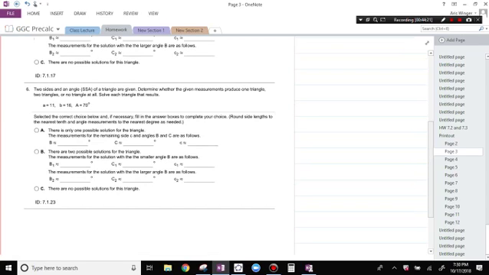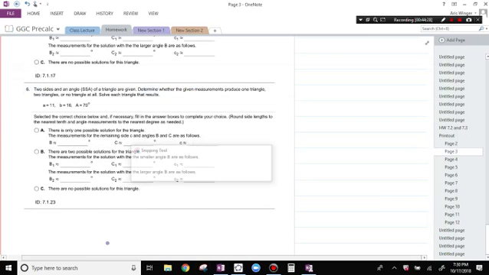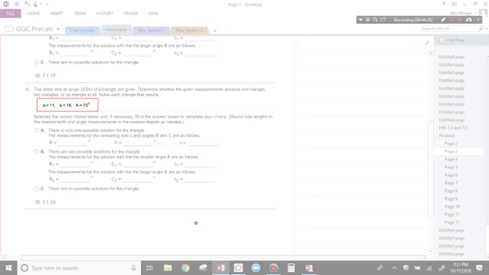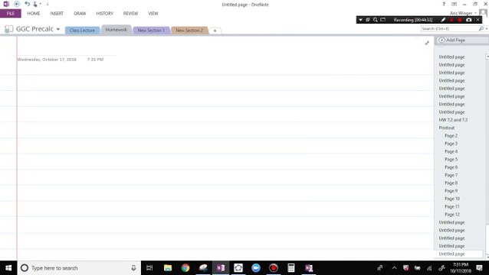Let's get some steps out so that we just know exactly what to do. Here's the triangle. I don't need any of the directions because I know that if I'm given 2 sides and an angle, that alerts need to go off. There might be 1 triangle, there might be no triangles, there might be 2 triangles, right?